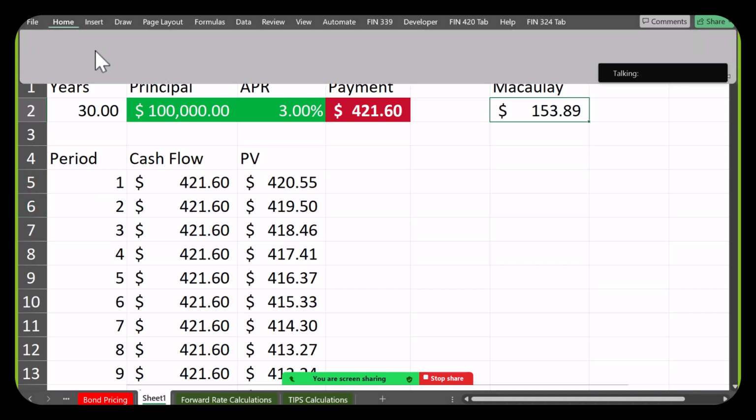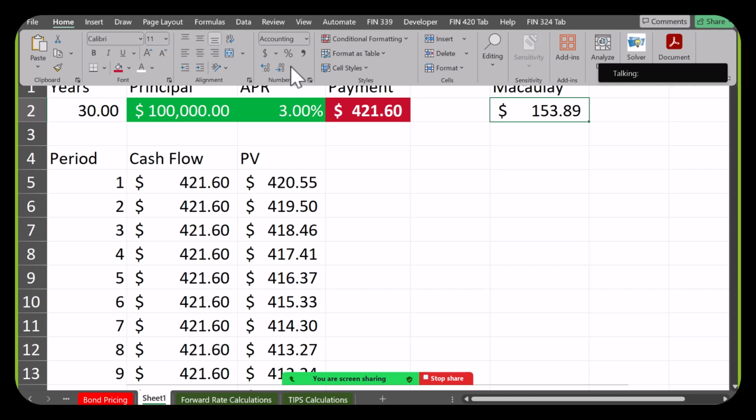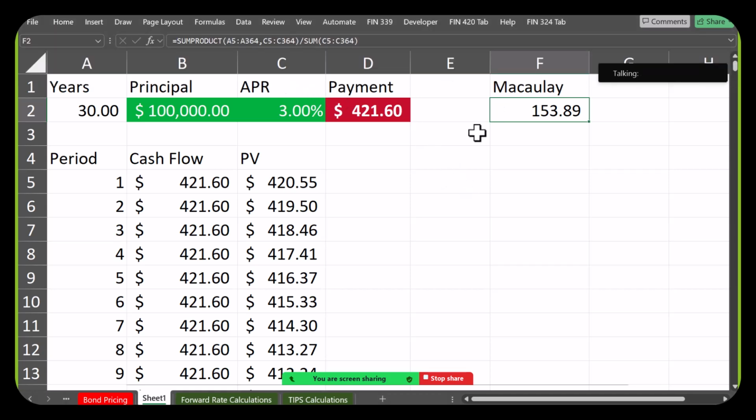I could actually divide the whole thing by 12. Now this is in years. So even though it's going to take me 30 years to collect all the money, on average, I'm getting my money back in about 13 years.